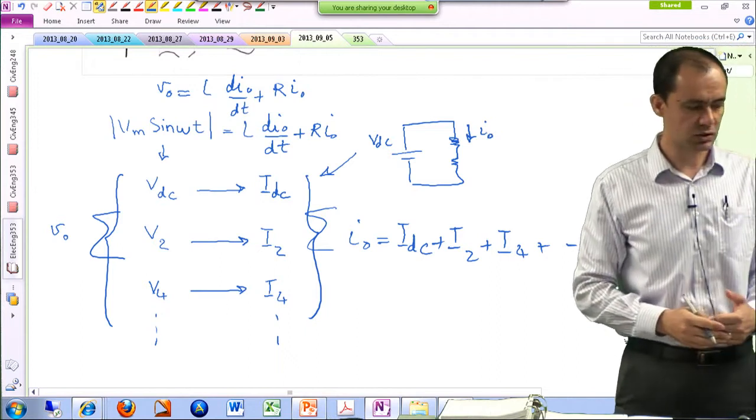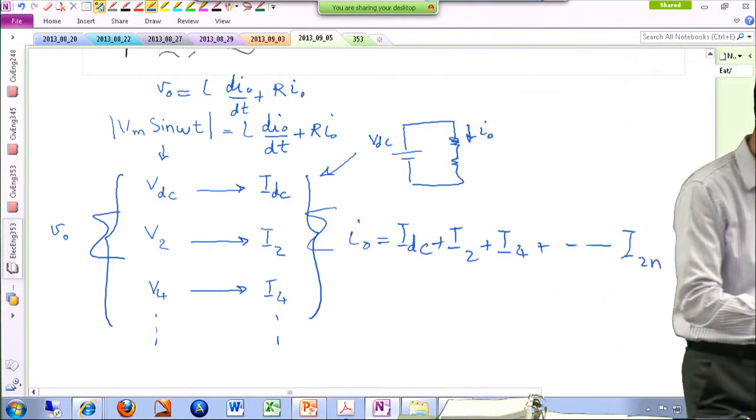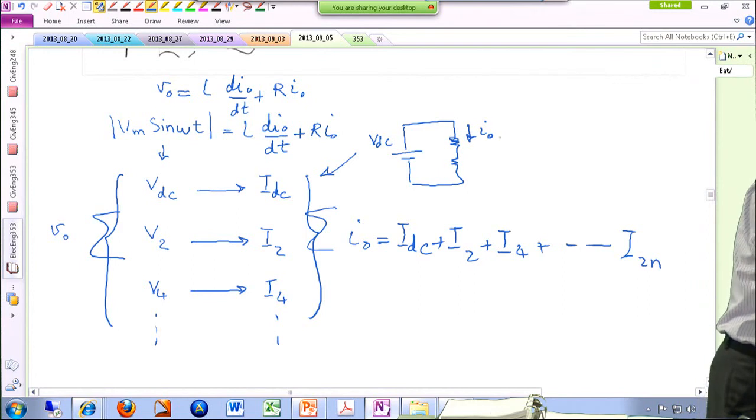Under steady state conditions, the inductor behaves like a short circuit. So the DC component in the output current will be VDC over R. So this is basically this guy over here.